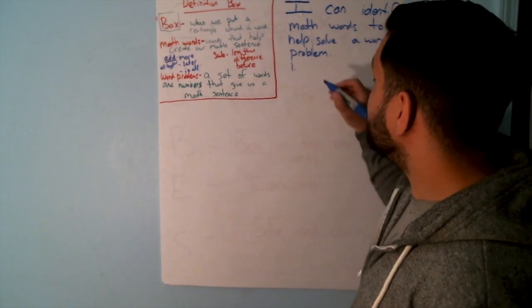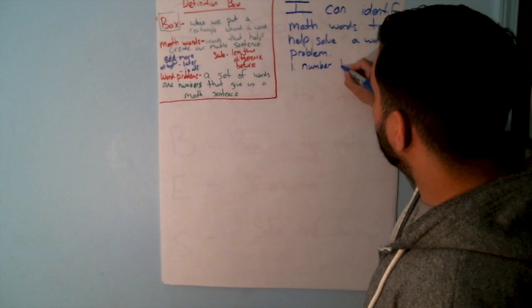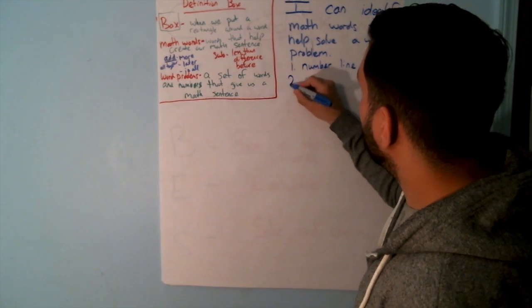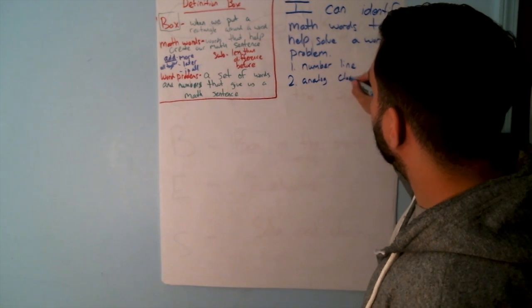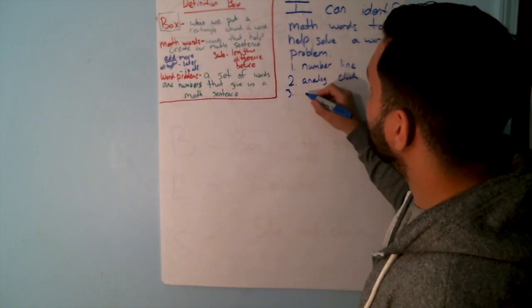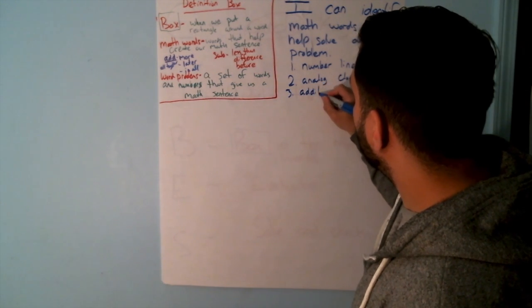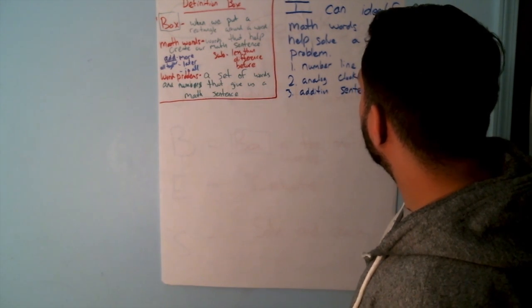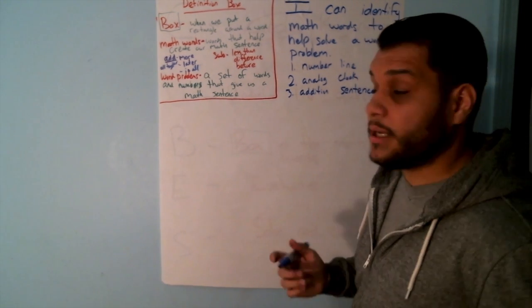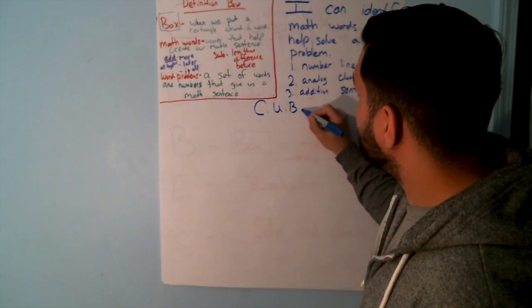Our three strategies this week are our number line, using an analog clock, and last one, yes, addition sentence. Our focus this week is using cubes.